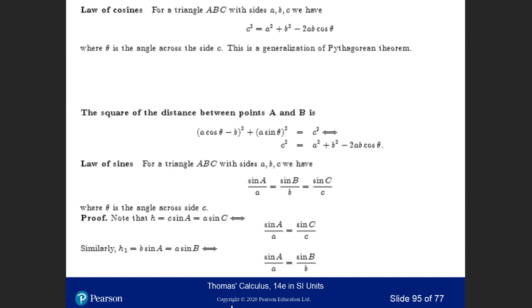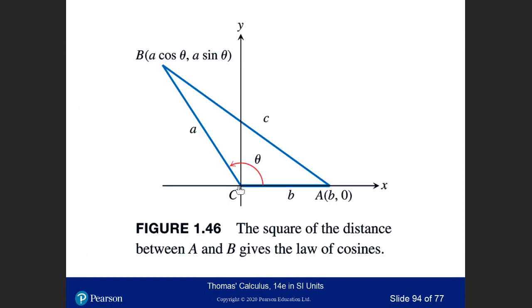Now consider another case: draw a line perpendicular to the c side from the corner C. Let's call this h1. Now what is h1? h1 is b times sine A because you have a right triangle if you draw a line perpendicular to c here.